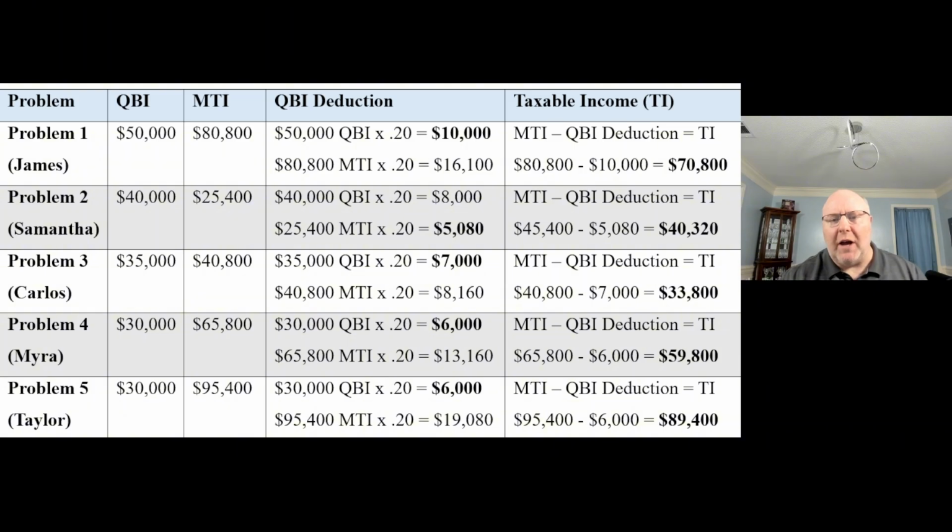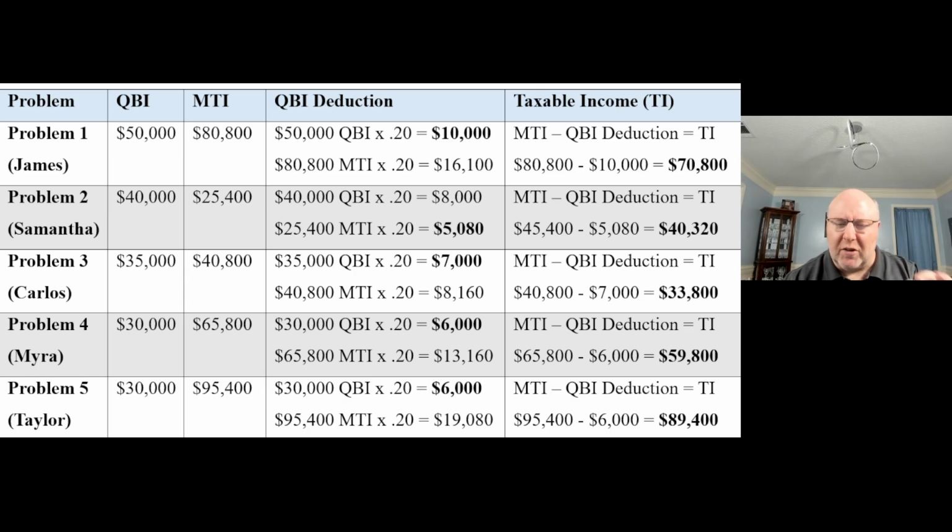But now we're looking at, what is our taxable income? We're still being taxed on the capital gains, so we have to add that $20,000 back in. So we took our modified taxable income, added back our capital gains, and that gave us $45,400 minus our 20% of modified taxable income, which was our QBI deduction, and now we have 40,320.